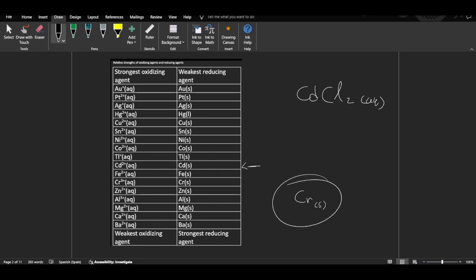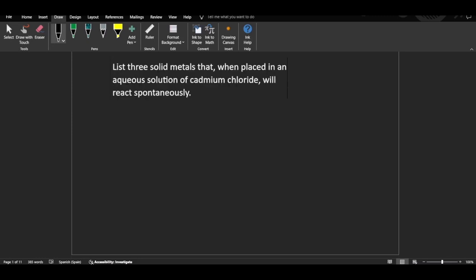If this was alone on its own and it reacted with our CdCl2, because this Cr is below the Cd, okay, so it is a stronger reducing agent, it will absolutely kick it out. Okay, so it's going to come here, kick out the Cd, and now the Cd is going to be on its own. All right, so let's show how.